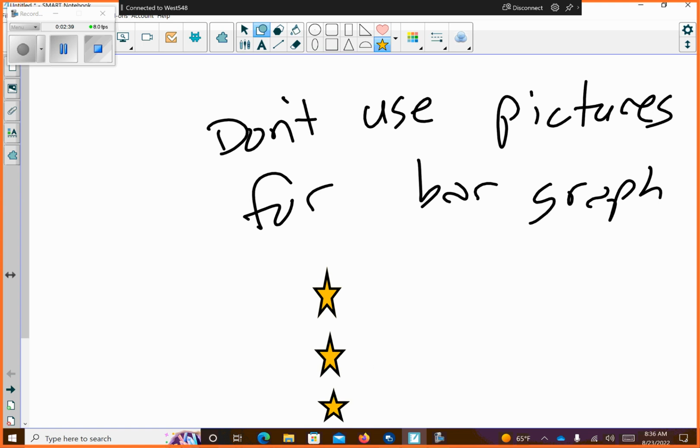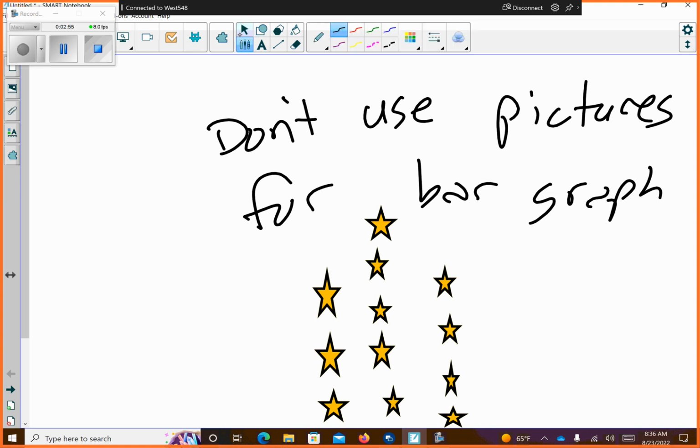This would be really bad to use to represent a bar graph. Yes, it's comfortable to look at, but mathematically, it's a bad idea. And just stick with the plain Jane ordinary. Ooh, it looks gross. Don't do it.